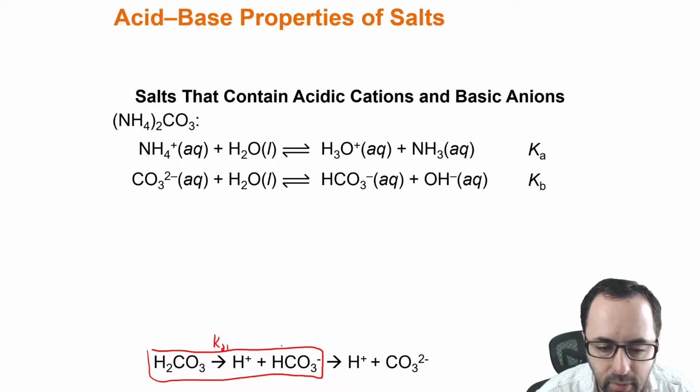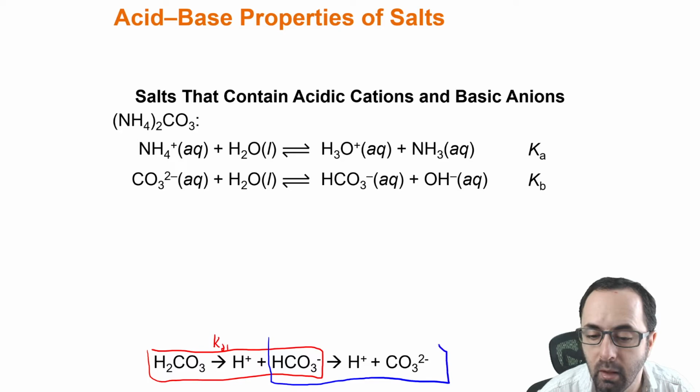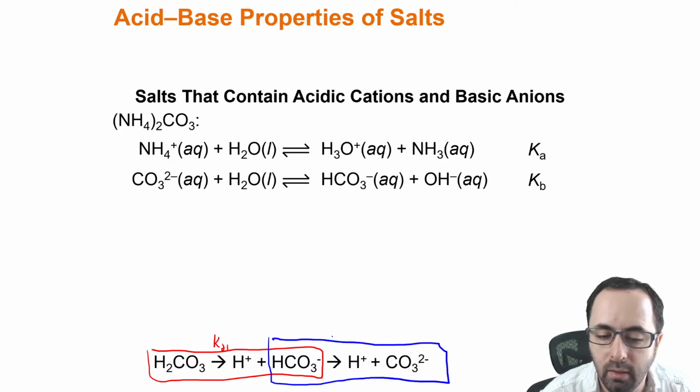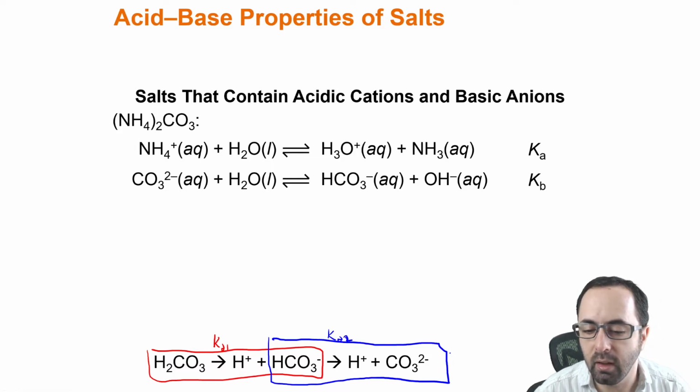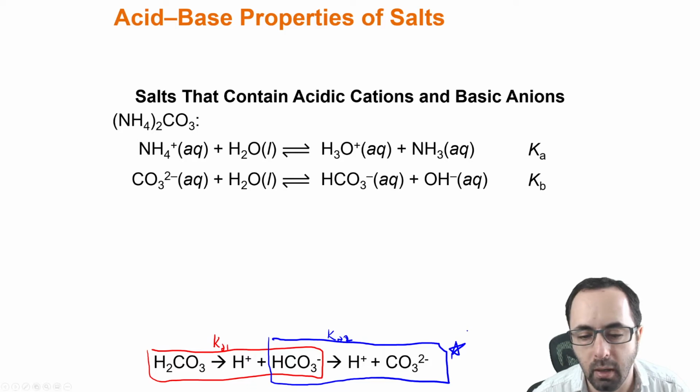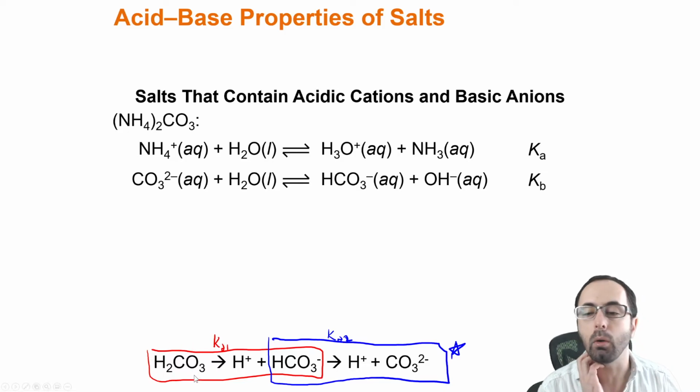And then the K for this reaction right here, which is the reaction we're interested in, is going to be the Ka2 for carbonic acid. And so we're actually interested in this blue reaction here because we want to know the Kb for carbonate, which means we need the Ka for bicarbonate ion, which is the Ka2 of carbonic acid. That's how we're going to look this up on the table.